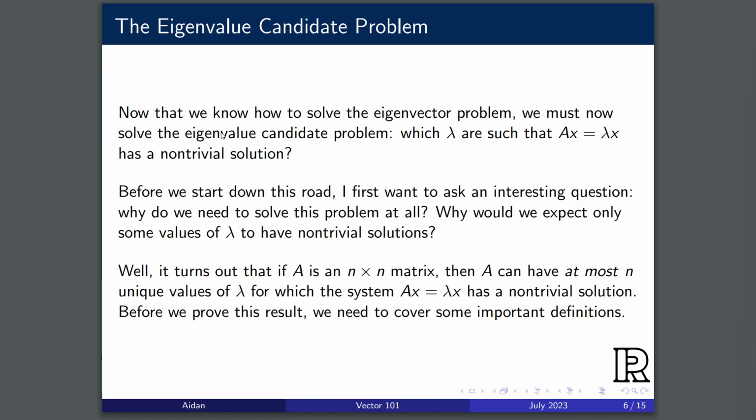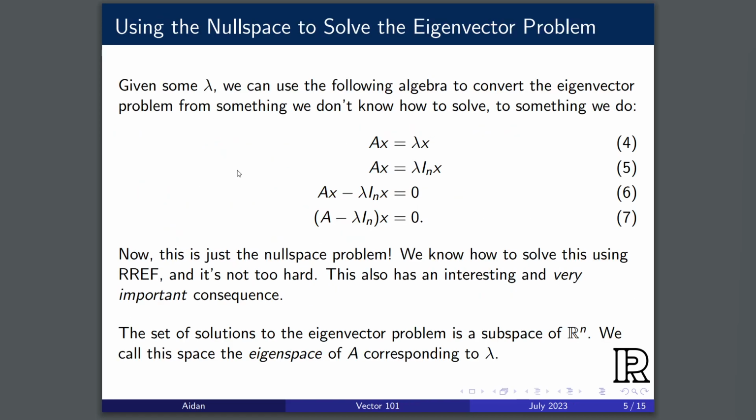So there's a question in the chat which was, why can't we just subtract the right-hand side without multiplying by the identity matrix? We can. The problem is, if we do that, then this won't be a matrix. You cannot really subtract a scalar from a matrix. So you'd basically be stuck at this step, and you'd have to replace it by an identity matrix anyway.